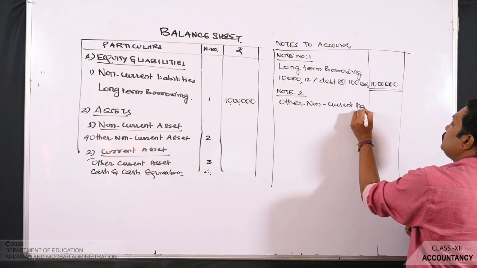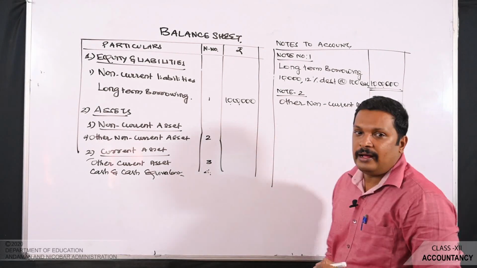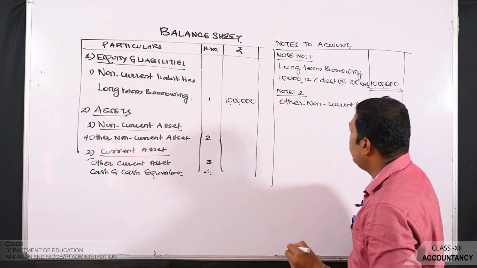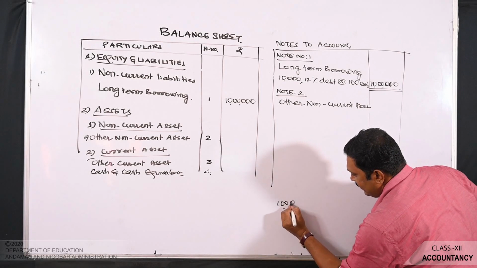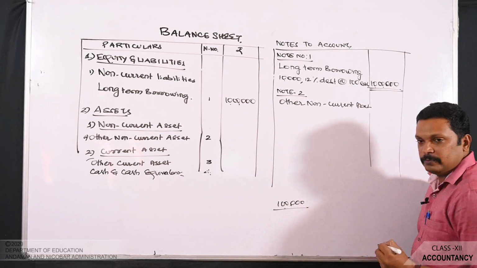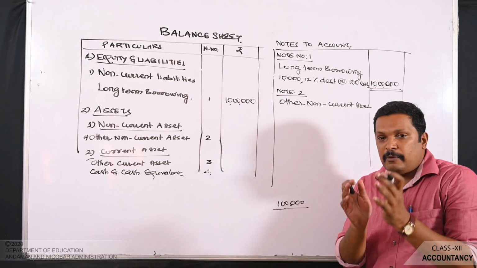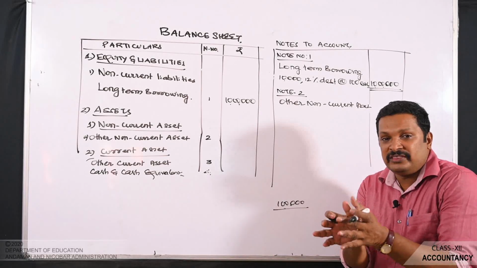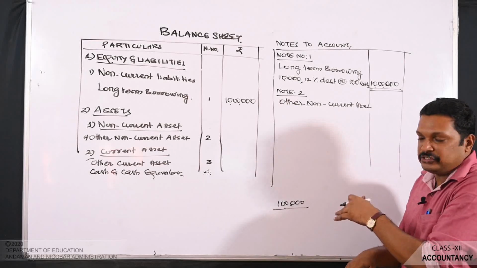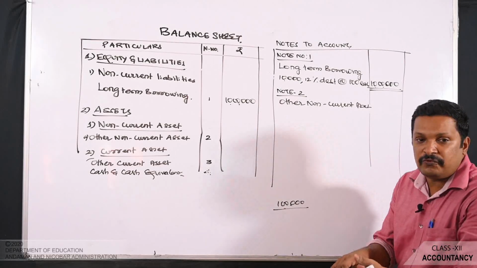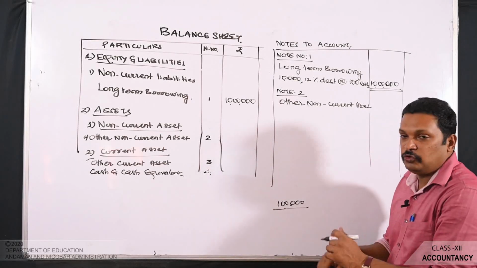Non-current asset. Under other non-current asset, the actual discount on issue of debenture is 1 lakh, right? The amount which is written off within a year will be other current asset. The amount which is not written off in the current year will be non-current asset.